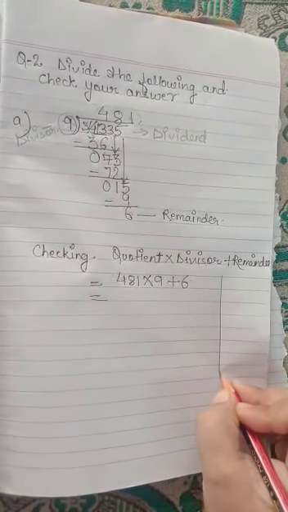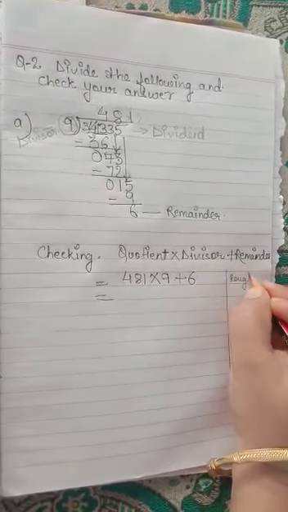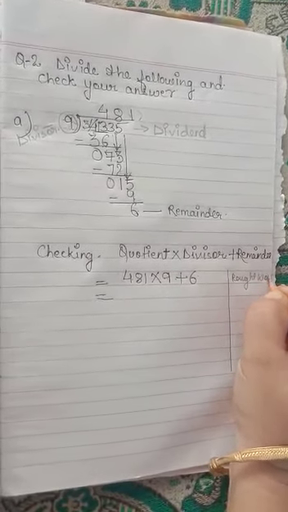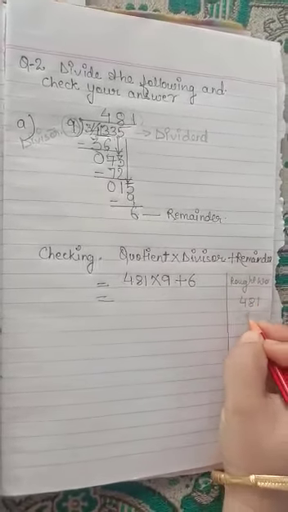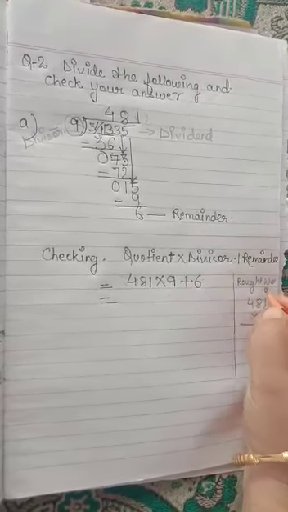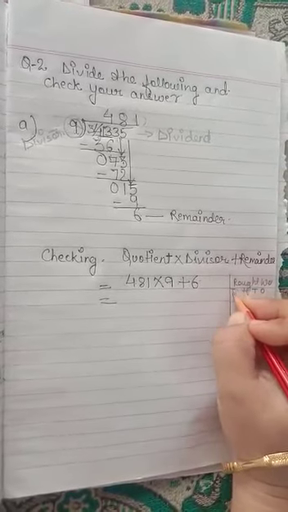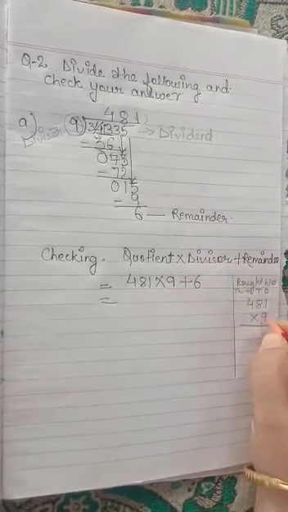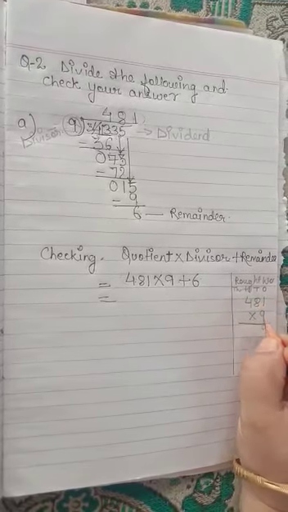Let's draw a rough line. Rough work करेंगे हम इसमें. We are having 481. We'll multiply it by 9. Let's arrange the digit in columns. Ones, tens, 100 and 1000. 9 ones are 9. 9 eights are 72.